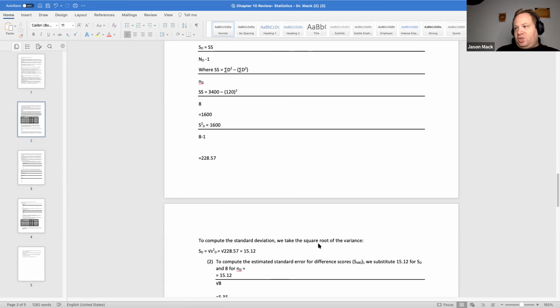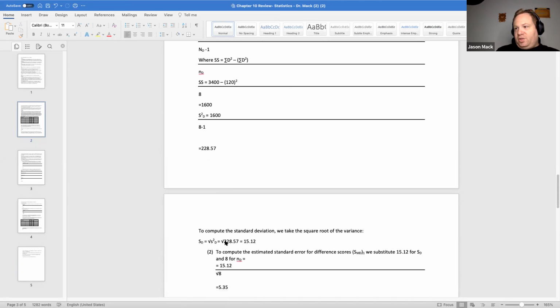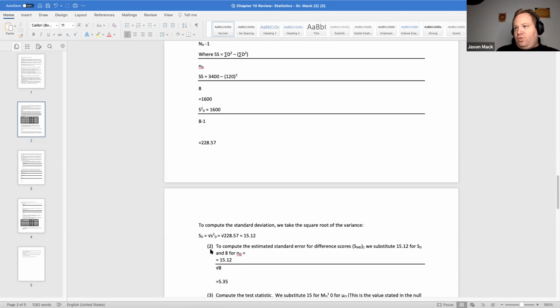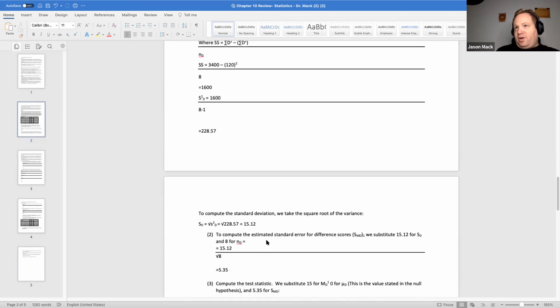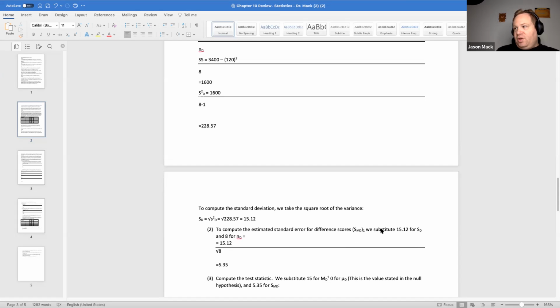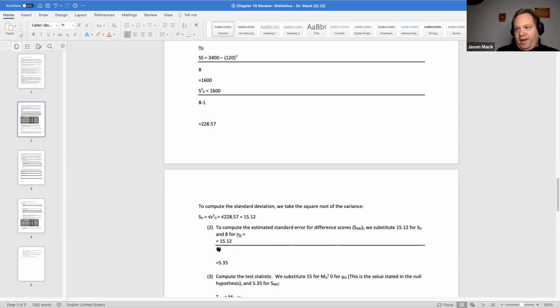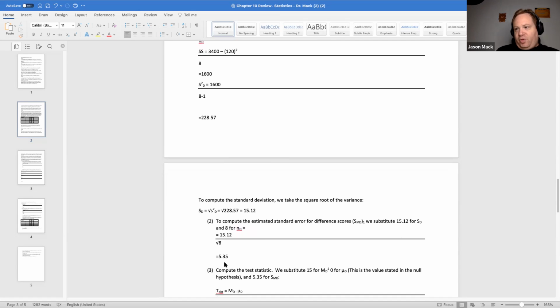To compute the standard deviation, you take the square root of the variance. So we take the square root of 228.57, which is equal to 15.12. And then to compute the estimated standard error for the difference in scores, we substitute 15.12 for the standard deviation difference and 8 for the population or sample difference. 15.12 divided by the square root of 8 is equal to 5.35.